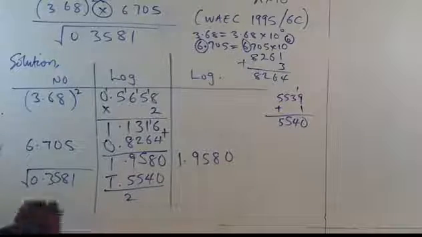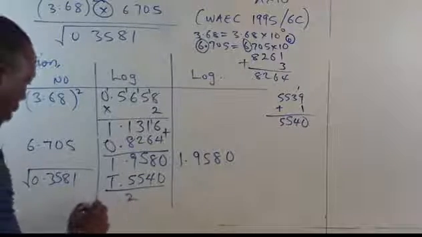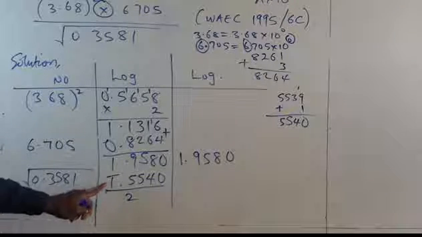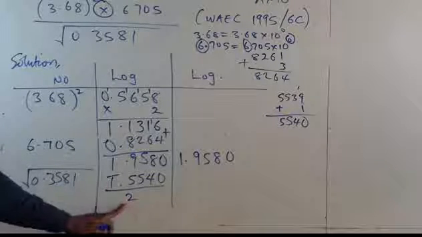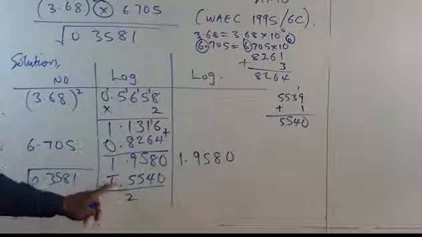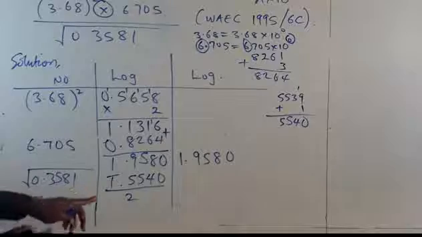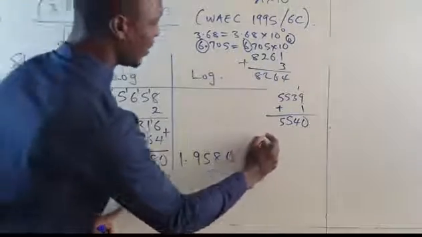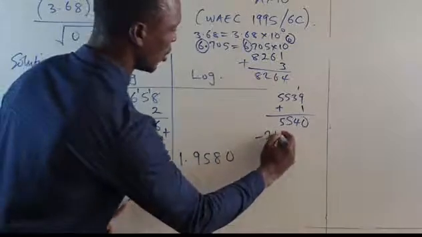So bar 1.5540 divided by 2. 2 and bar 1 cannot go, so we are going to express bar 1 as a factor of 2. To get a number that 2 can go into without remainder, we are going to express our denominator as minus 2 plus 1.